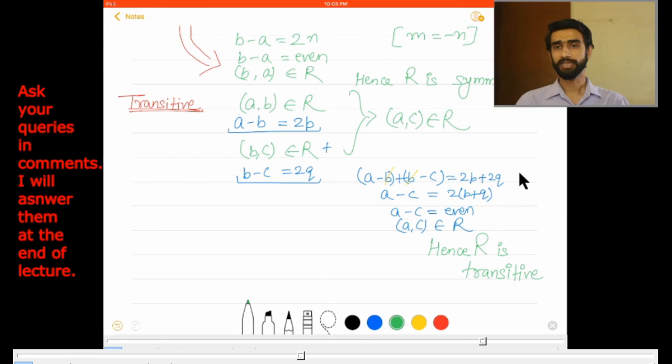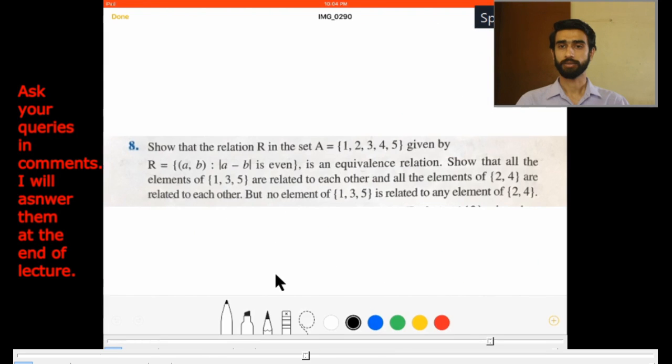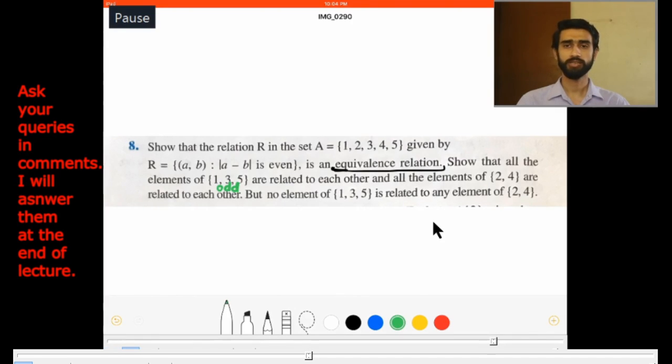Now you will see that we have proved that this relation which we are discussing is an equivalence relation. So for this we have seen that this relation is symmetric, reflexive and transitive. So this is an equivalence relation. Done.